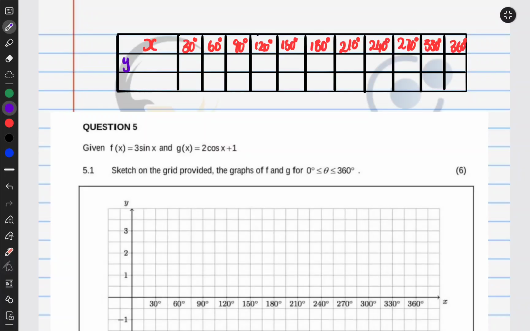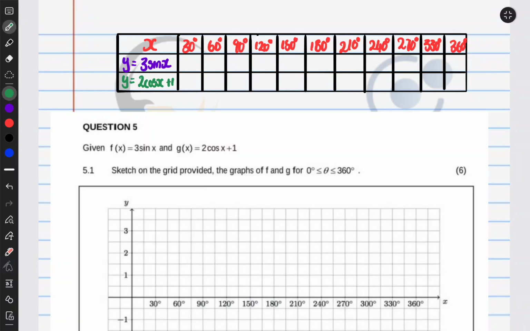We're just going to say y is equal to 3 sine x, and then the other one is g of x. We're just going to say y is equal to 2 cos x plus 1. Let's find the corresponding values.